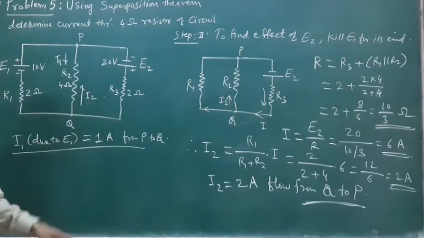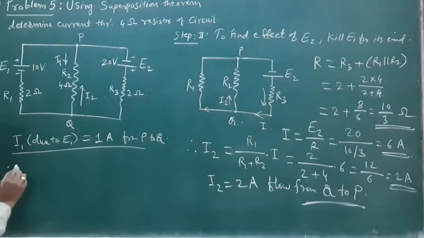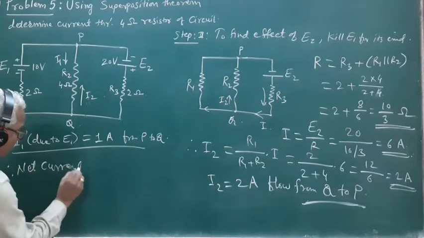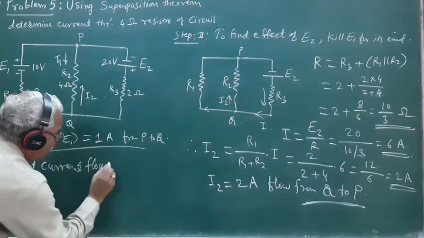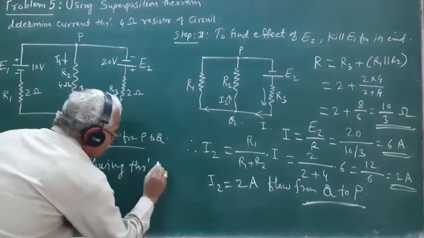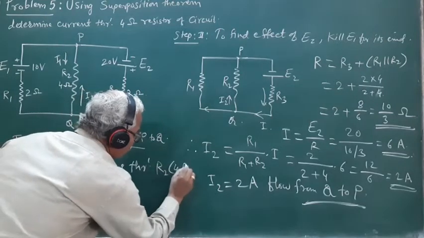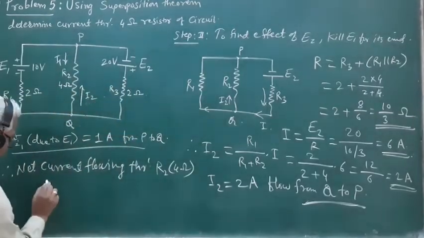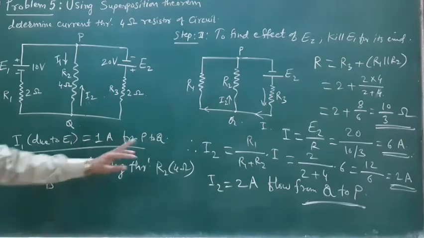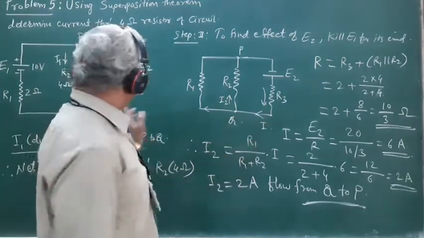So what will be the net current flowing through this resistance R2? Therefore, net current flowing through R2, that is 4 ohm resistor, is I2 minus I1, because I2 is greater than I1.